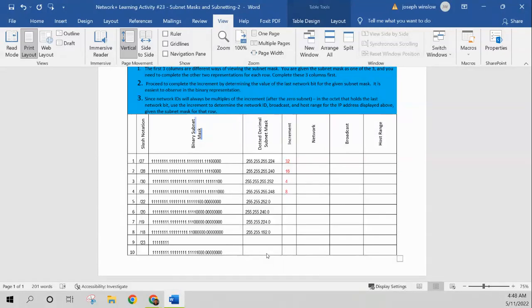So dot 1, 2, 3, 4, 5, 6, 7, 8. And now that means that I've added 7 more to my 16 to get 23. Remember, we started with 16 and we have to add 7. So 1, 2, 3, 4, 5, 6, 7. And we need one more zero for your last octet. And then we fill in the rest of the zeros.